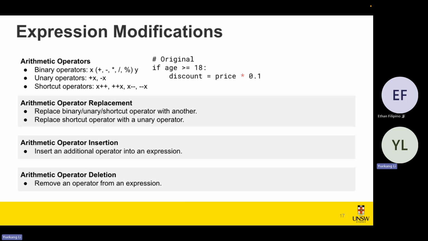For the example program, instead of using a times here for this value, we can replace it with plus. Of course, we can also try other binary operators here. This simulates cases where the developer made a typo or wrongly designed this formula here.